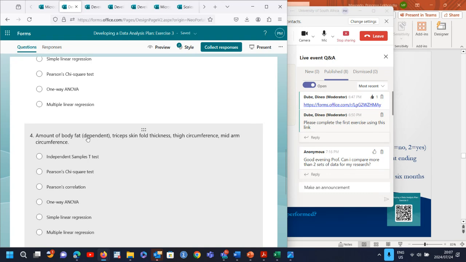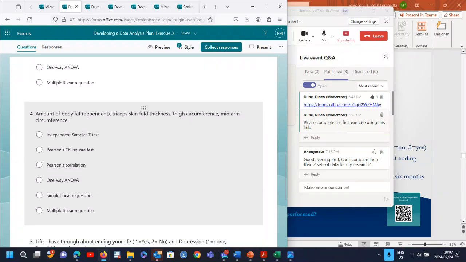And you have one dependent that is numeric, and several other independent numeric variables. So it's going to be some form of a regression, because the dependent is numeric, and because you've got more than one numeric independent, it's going to be a multiple linear regression.